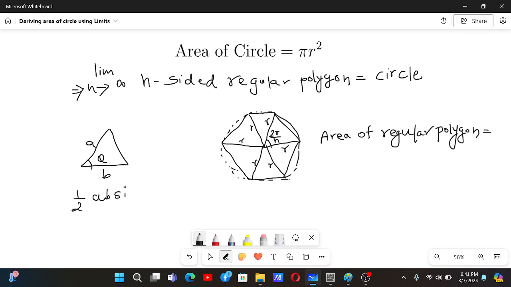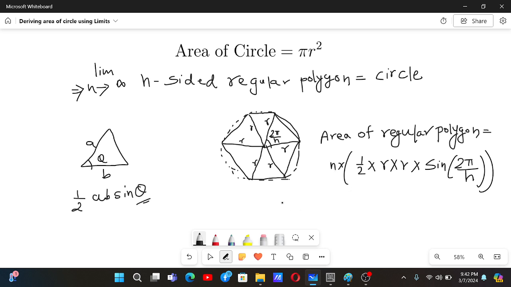You can use this formula to find the area, so it will be 1 by 2 r squared into sine 2 pi by n. The angle is in radian measure. And to find the area of the whole polygon, we can just multiply this by n.